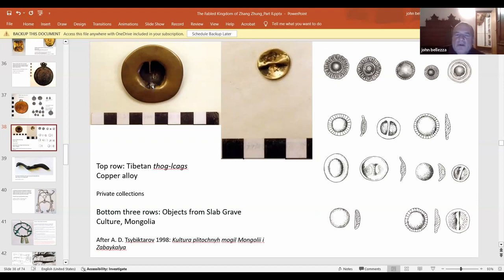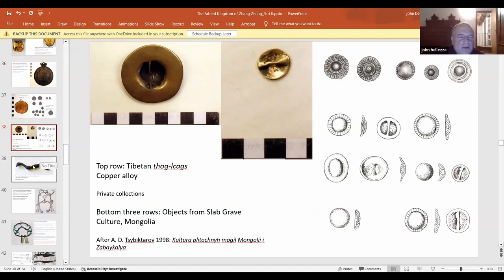So it seems as though these Tibetan objects, which are later than the ones from the Slab Grave culture, emulated metallic forms found in North Inner Asia, and adapted them and created new but related metal objects for Tibet, used as ornaments and other unknown functions.